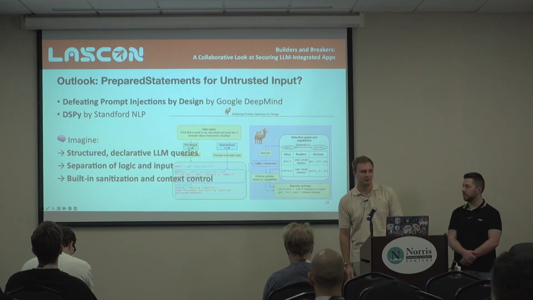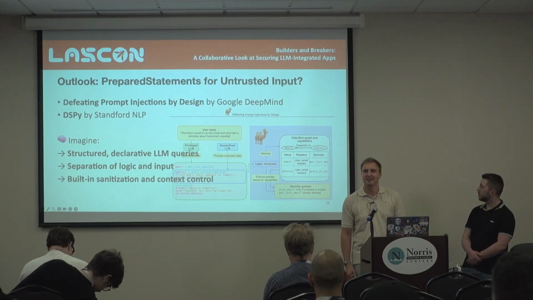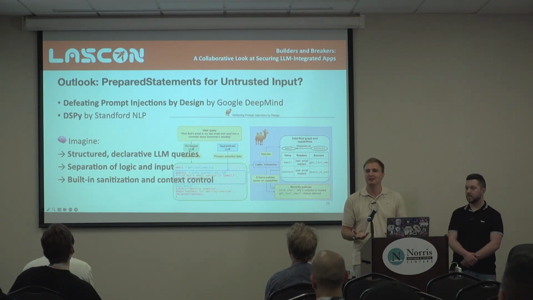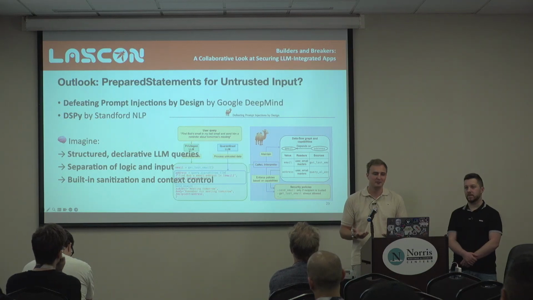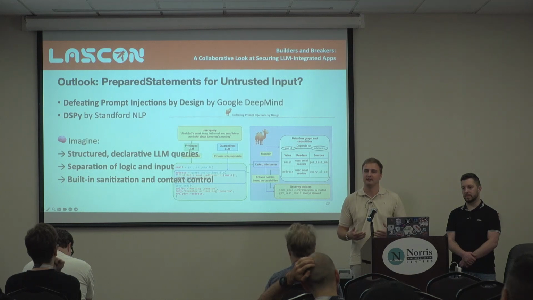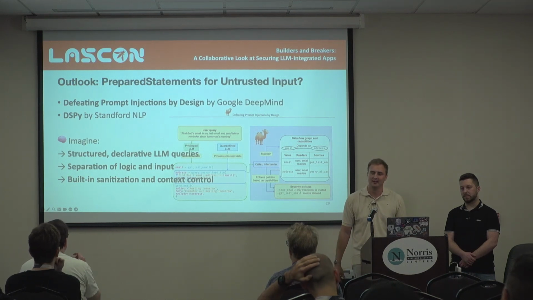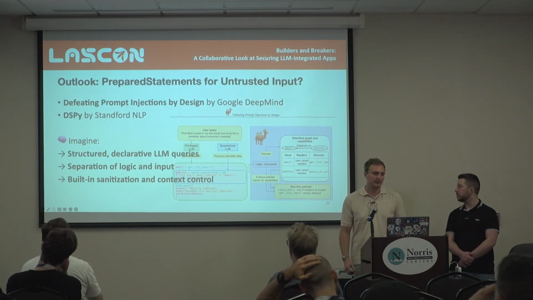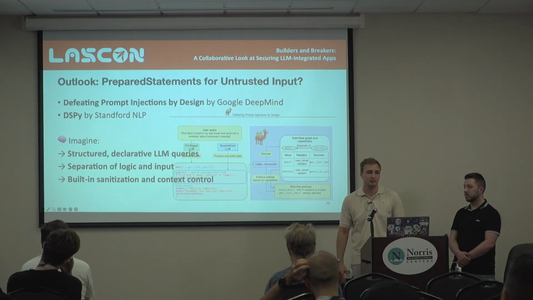Yeah, it's setting us back in time. But I think there is good news, a good outlook maybe. We fixed the SQL injection issue by using prepared statements. How about doing the same for our LLM inputs, the text that we write into our chatbot? There are two good research papers working on that.